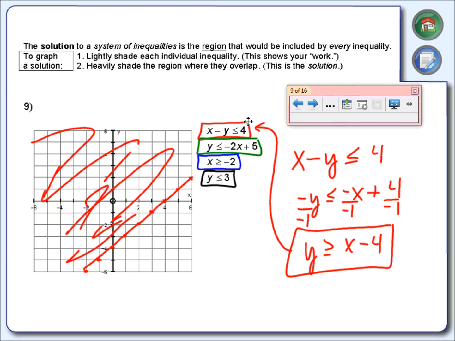All right, Paulicia, graph the first one for us. y is greater than or equal to x minus 4.